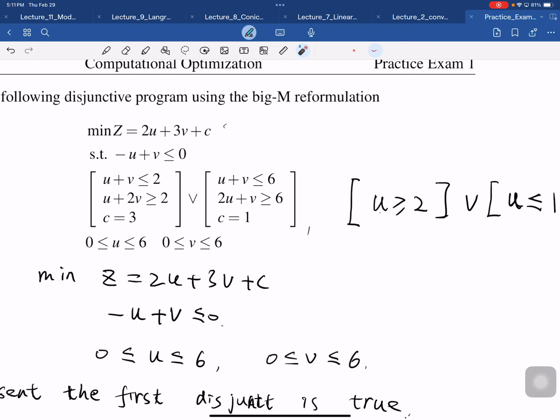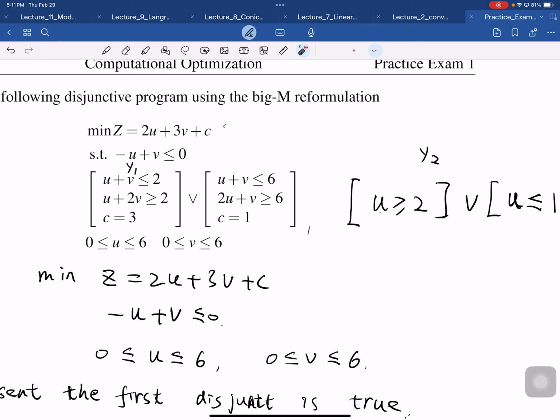I have a binary variable y1 to represent when this disjunction is true. Y1 is 1 when this disjunct is true. But now you have another variable y2 here: when y2 is 1, this disjunct is true, and when y2 is 0, the other disjunct is true. But there is no relationship between y1 and y2. Those are two separate logics.